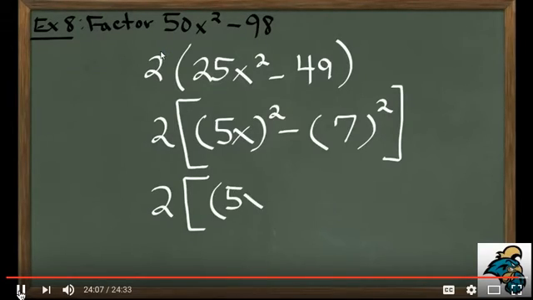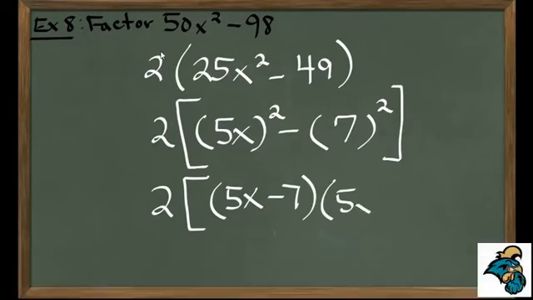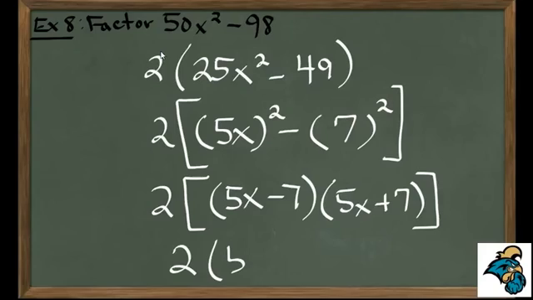I take the first quantity being squared minus the second quantity times the first plus the second. This can be written simply 2 times 5x minus 7 times 5x plus 7. You don't have to have the brackets.